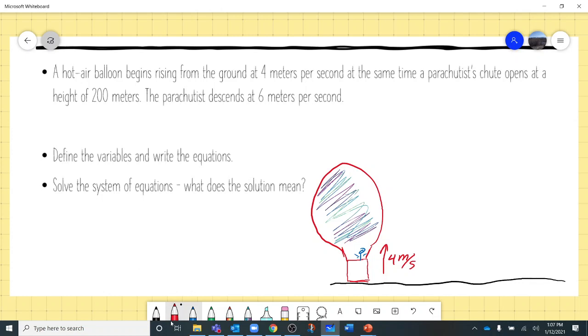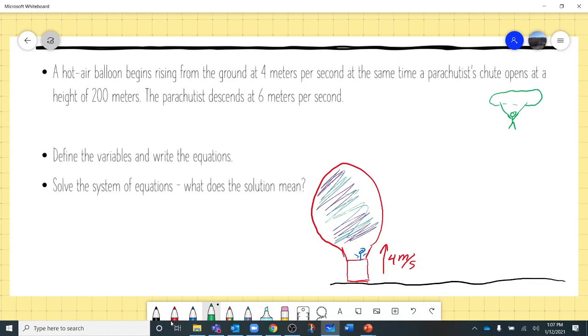At the same time, we have a parachutist. And so we had this guy who was falling, and his parachute opens. That's way too big. Okay, so we have our parachutist. His parachute's open now. I would draw a parachute, kind of like that.